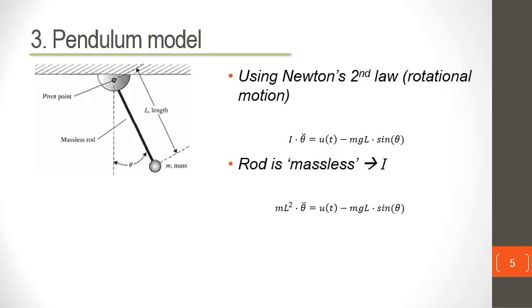So, according to Newton's second law, the sum of torques here will include the input torque that the motor driving the robot puts in, and this torque will be negated by the torque generated by the mass itself, because at any point there is mass.